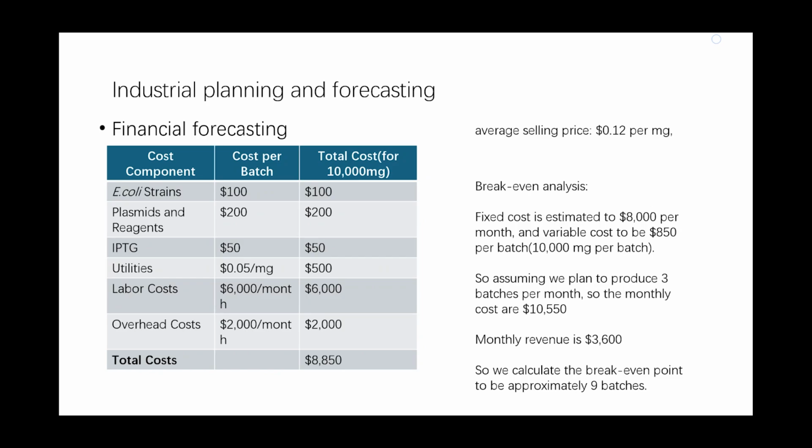We got approximately 9 batches, which means 90,000 milligrams per month. So we can meet the break-even point.